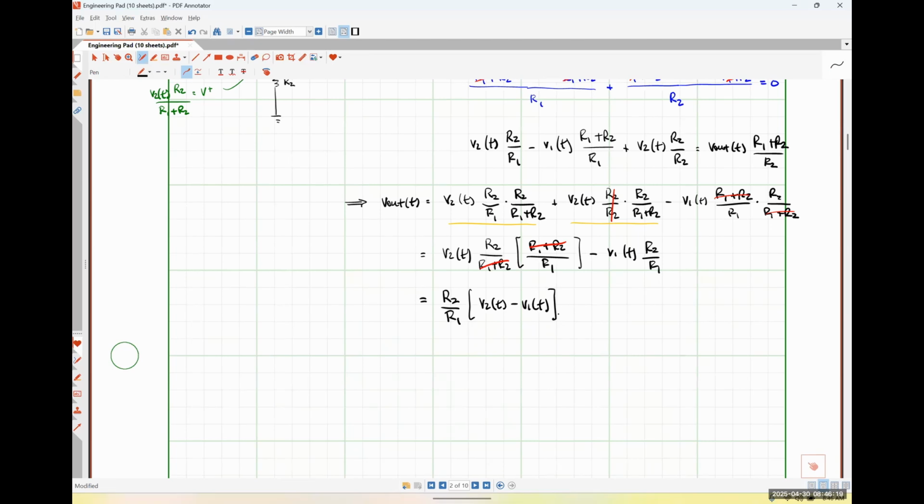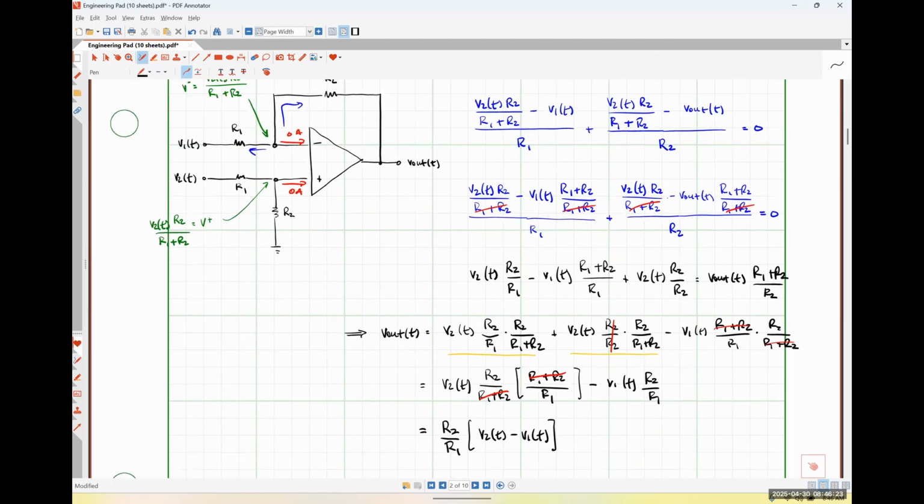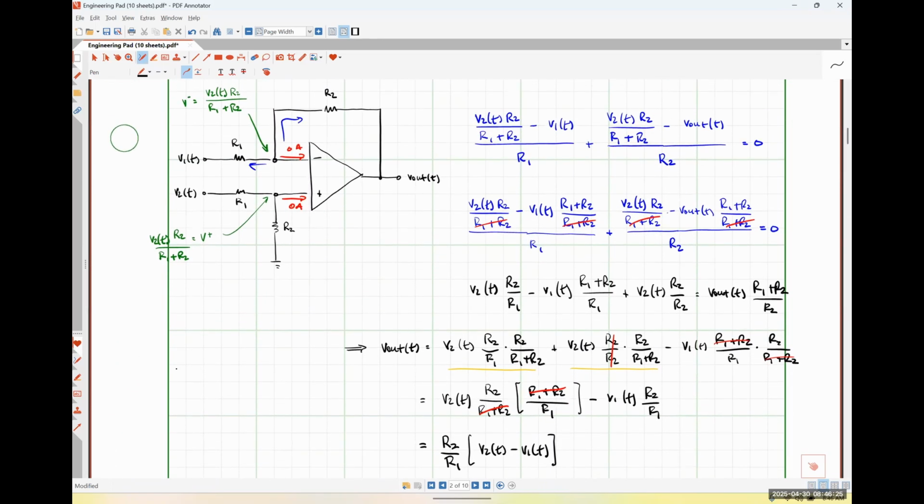So essentially, this particular circuit, let me scroll back up so we can see it, allows us to take the difference of those two input signals and then scale it by some common factor, right? So if all of the resistors were identical, then the output would just be V2 minus V1.